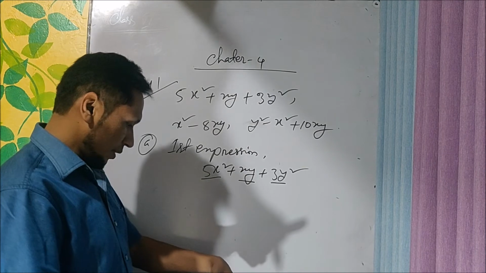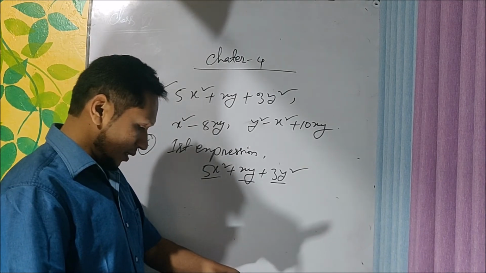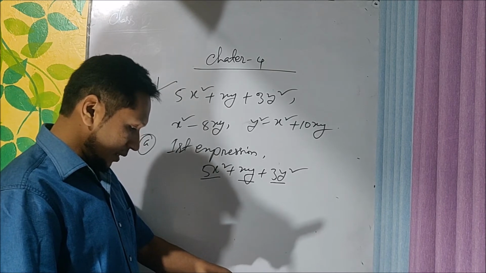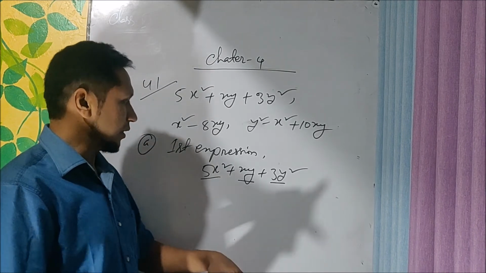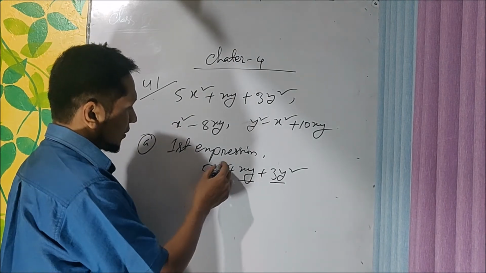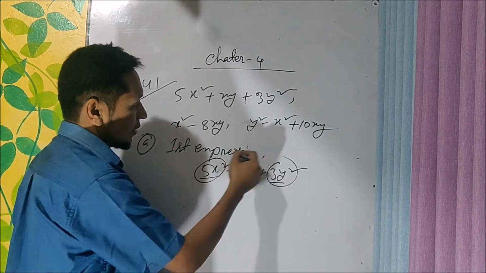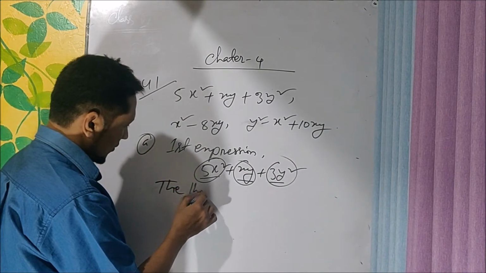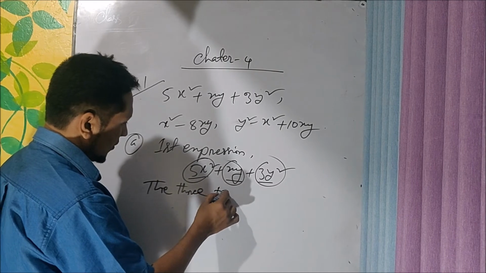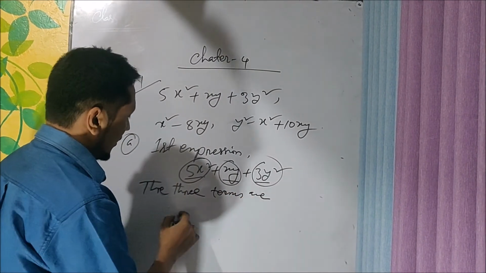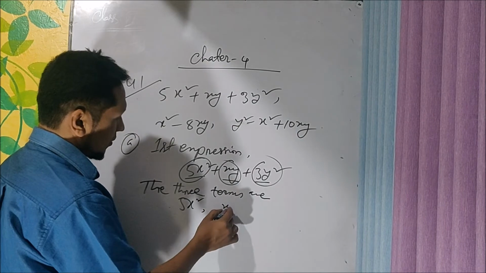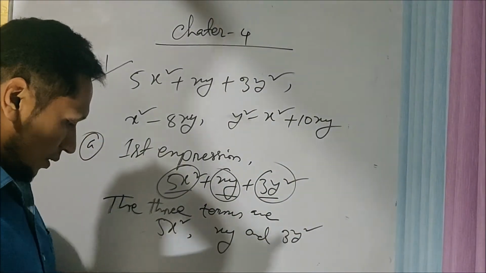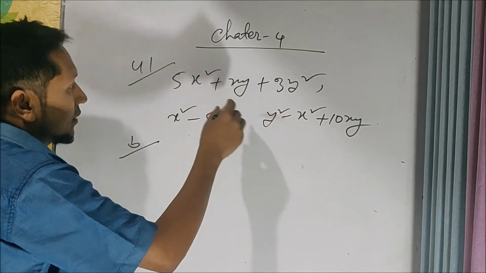So the answer will be there are 3 terms, and the terms are 5x square, xy and 3y square. Part B says add the 3 expressions.